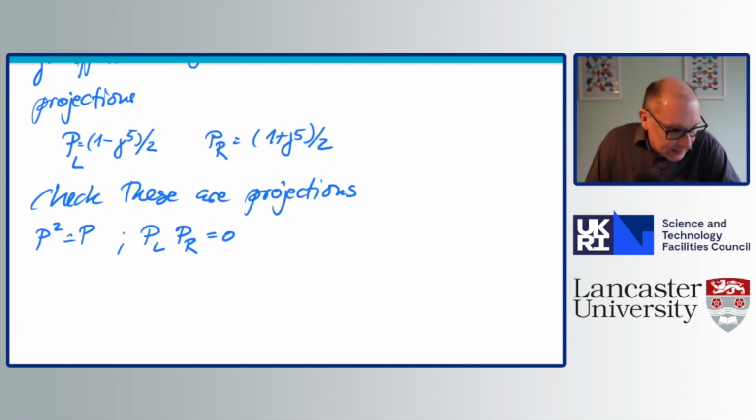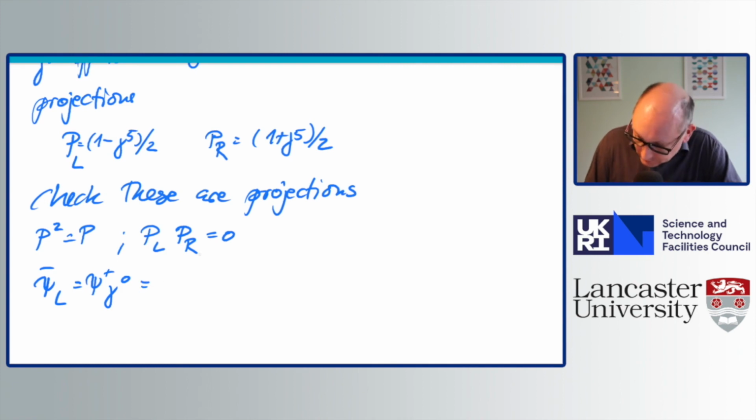Now, one has to take a little bit of care when defining the handedness of antiparticles, because if we have a psi bar left, then that's equal to psi Hermitian conjugate left gamma naught, so that's equal to psi Hermitian conjugate PL gamma naught, because psi Hermitian conjugate left is the left-handed psi Hermitian conjugated, and the left-handed psi is PL psi, and therefore when you take the Hermitian conjugation of PL psi, we get psi Hermitian conjugate PL gamma naught.